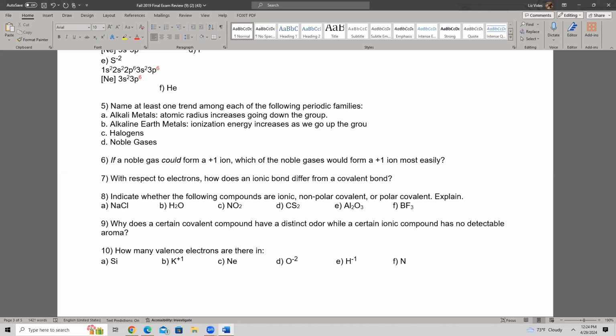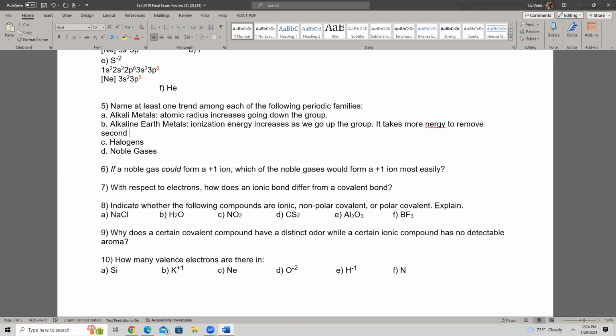All right, okay. And then we can say it takes more energy to remove second and third electrons than first.